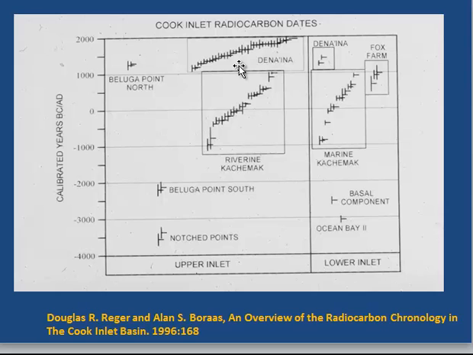We can say with a high degree of confidence that the sedentary Denina appear at 1000 AD, and this is for Cook Inlet. Now that doesn't mean this is when the Denina first appear. They likely, before that time, were nomadic caribou hunters.